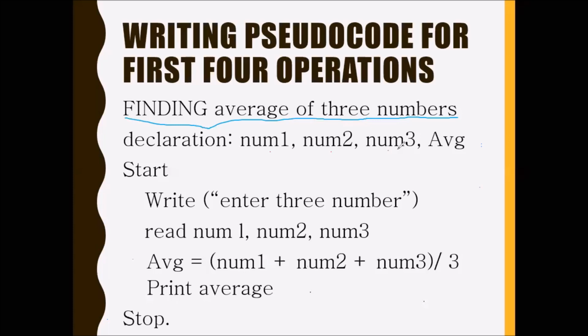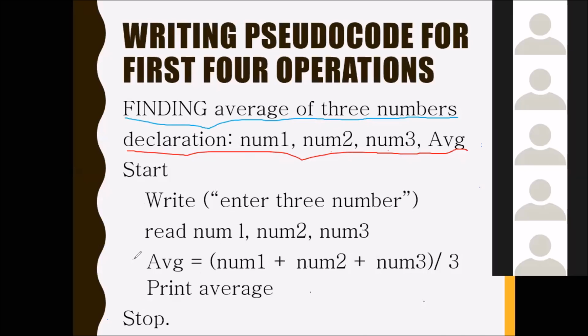Good? So here we're just telling what we're accepting or what will be used to store. All right, so this would be your title. This is your declaration. Moving on now to the body of the algorithm.